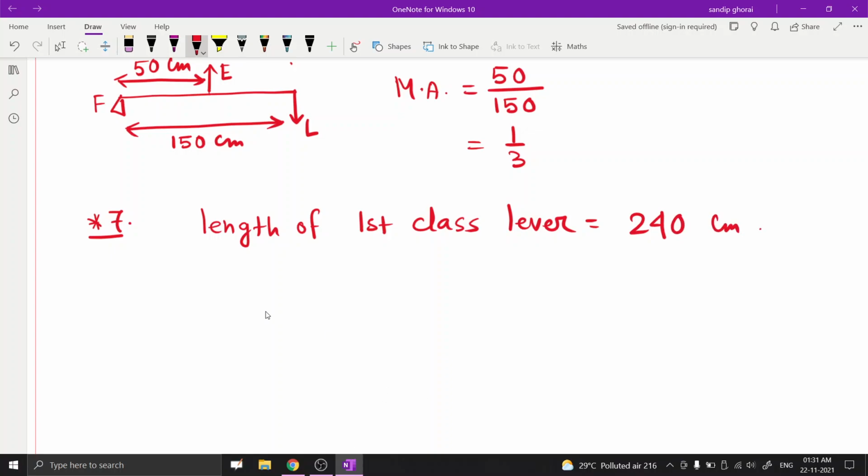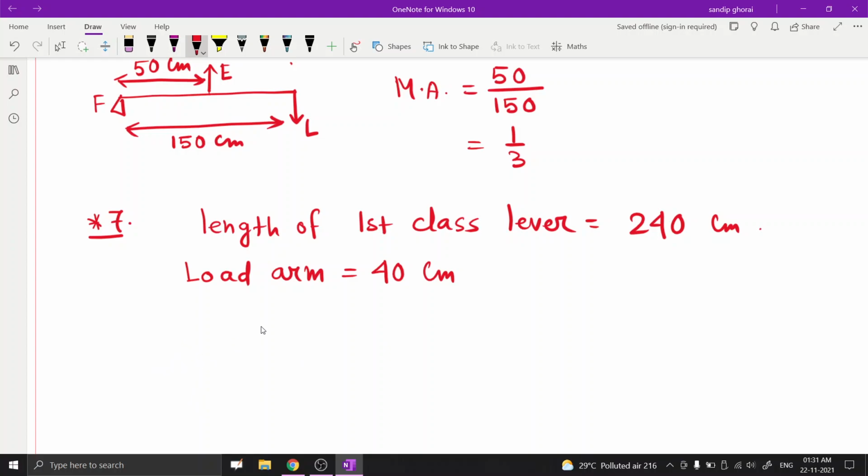Also in this question the load arm is given, that is the length between load and fulcrum is 40 centimeter. Now the question is, what is its effort arm?